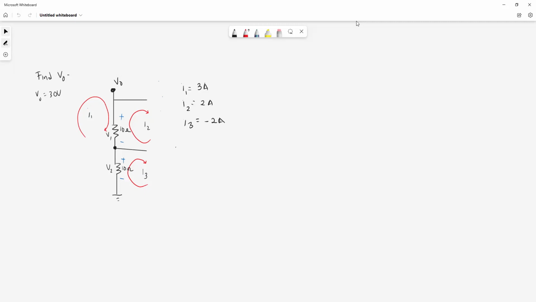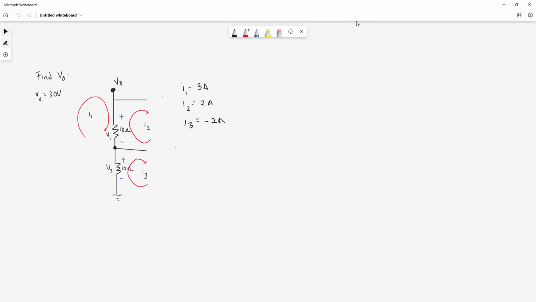So I'm making this video just to explain a little bit about the solution of example 3, I think, from our previous class regarding the question: find VO. To make it short, we assume that we have already calculated the mesh currents, I1, I2, and I3, and from that you are required to obtain VO.